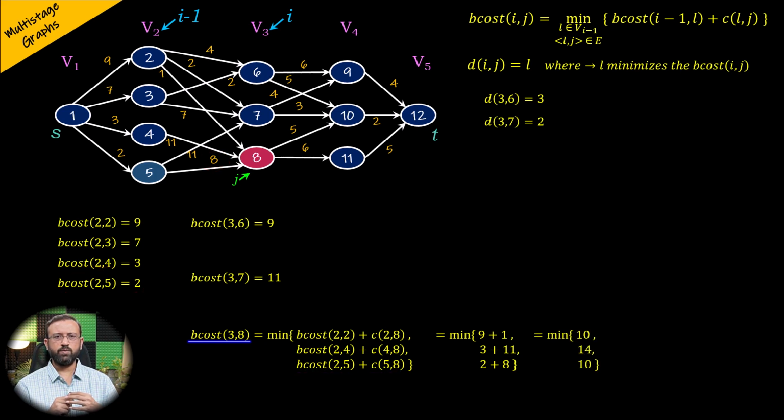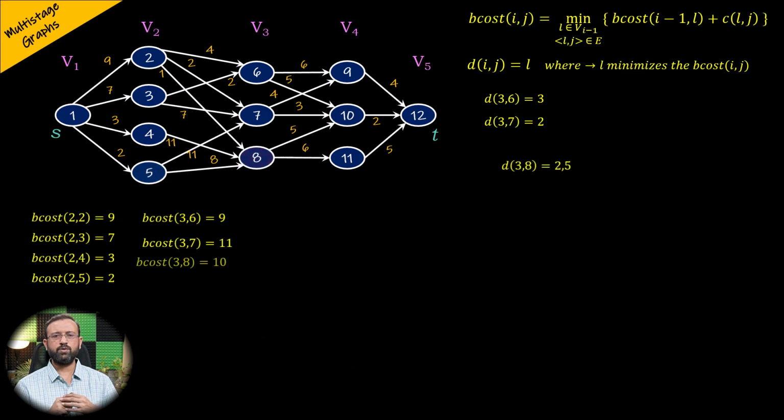So, 9 plus 1 is 10, 3 plus 11 is 14, and 2 plus 8 is 10. So, 10 is the minimum cost which is through vertex 2 and 5. Therefore, D of 3, 8, where 3 is the stage and 8 is the vertex, will be vertex 2 and 5. That minimizes the B cost of 3, 8.